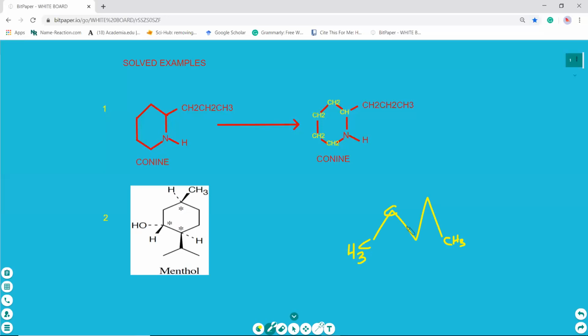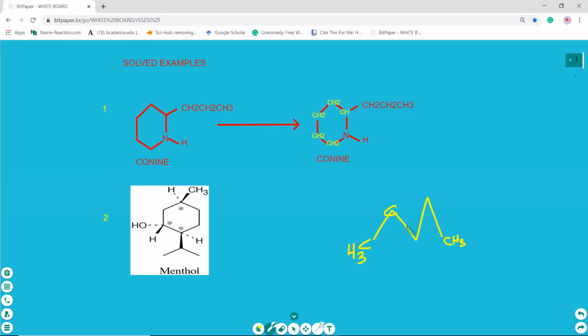You can see there are no double bonds in the ring. So this carbon has only 2 bonds attached to it. The remaining 2 bonds are occupied by hydrogen. That's why we have CH2, CH2, CH2, CH2. But look at this third one here. Instead of CH2, what do I have there? CH. The reason why it is CH is because there's a carbon at every edge.